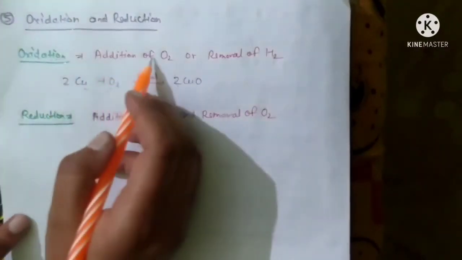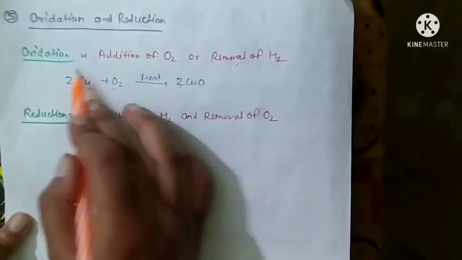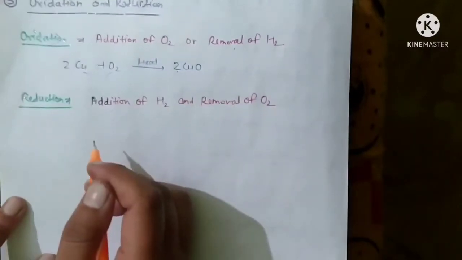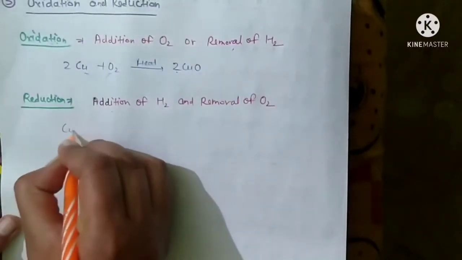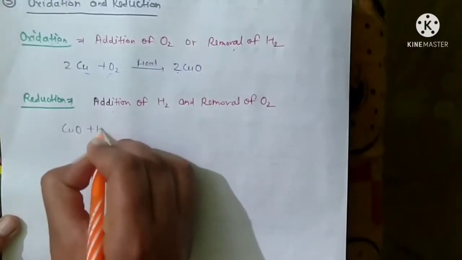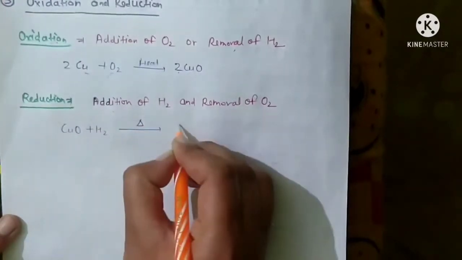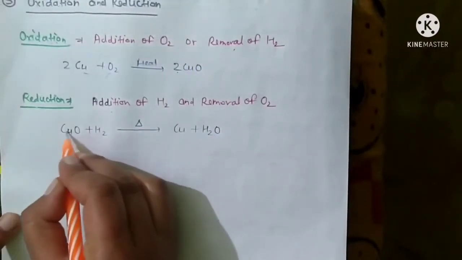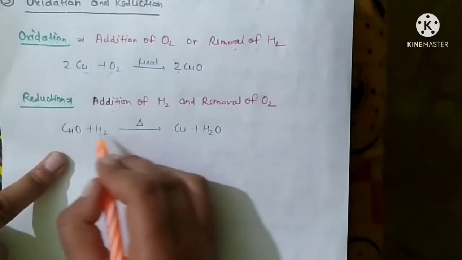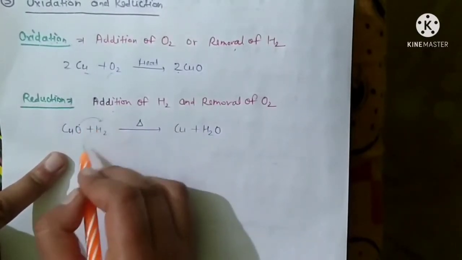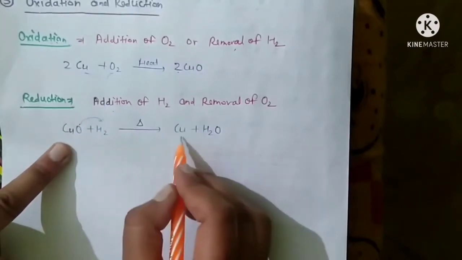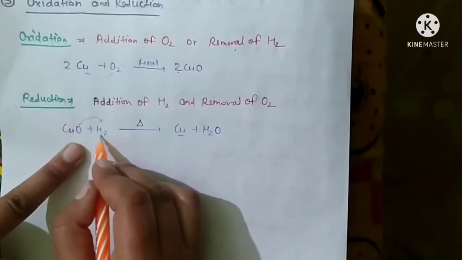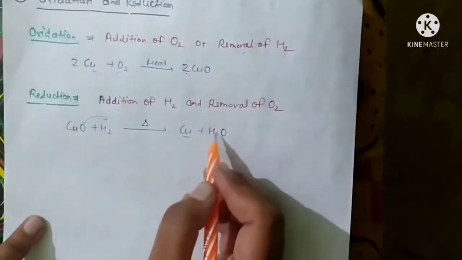In oxidation, hydrogen is removed and oxygen is added, but in reduction, hydrogen is added and oxygen is removed. Here is an example: copper oxide plus hydrogen, and we heat it, forms copper plus H2O. Here copper has oxygen, but on this side it removes oxygen and copper is formed, and oxygen is taken by hydrogen.